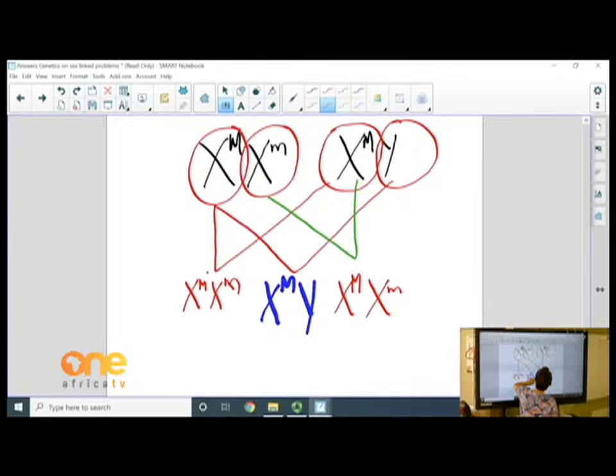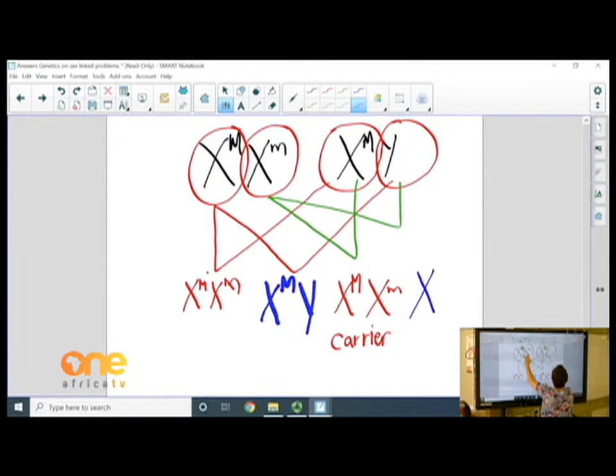X, capital M, no disease. Small m, capital M, this will be a carrier girl. And the last one will be a boy again with a small m. This will be a boy with the disease.